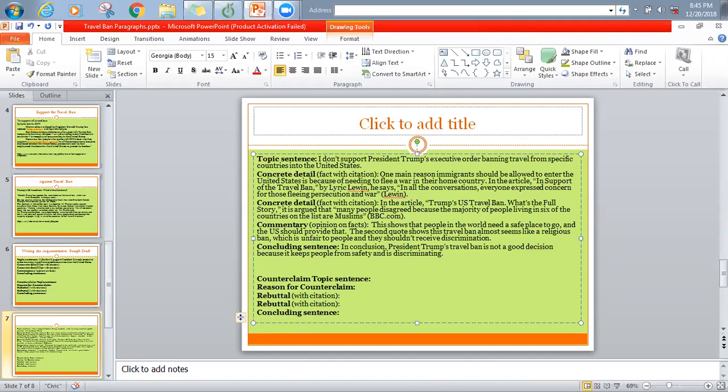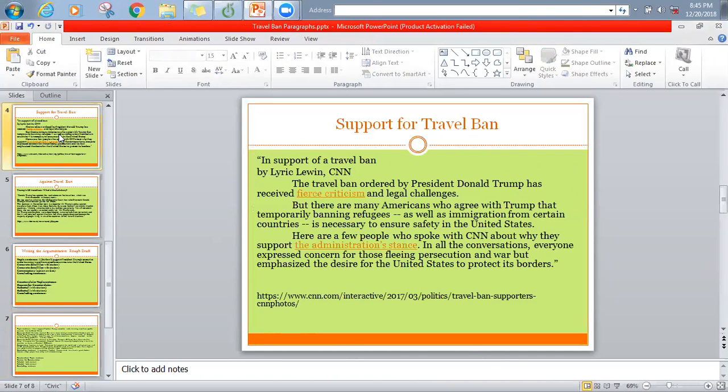Okay, so before you got here, Tawny, Lulu and I looked at an article that had some different positions about why somebody would argue for the travel ban.